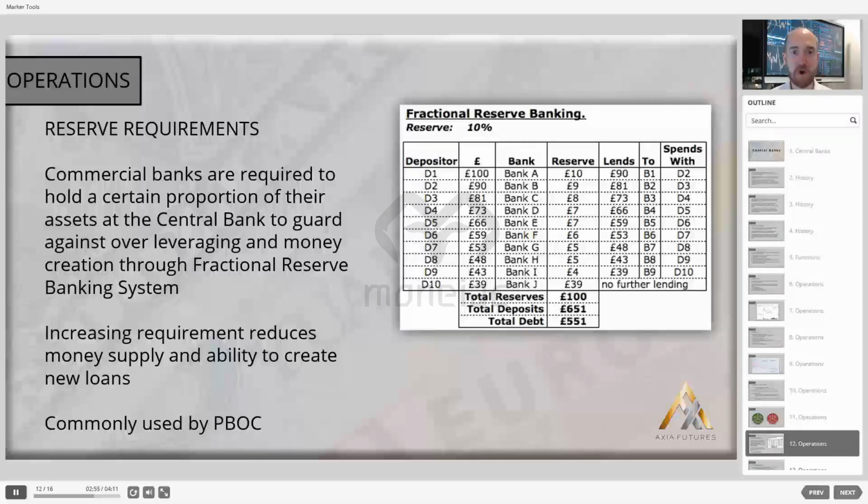This is most commonly used, or most frequently used, by the PBOC, People's Bank of China. They use it quite frequently and often specifically targeted at certain types of banks, rural banks, finance banks, whichever it is.